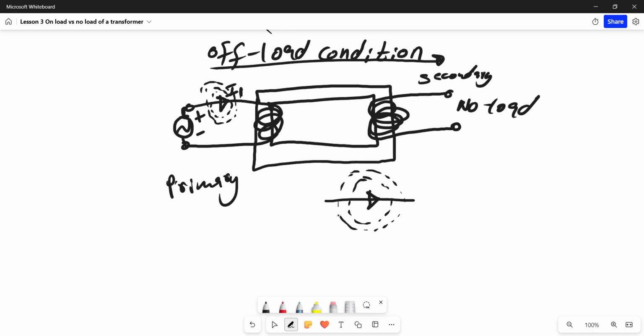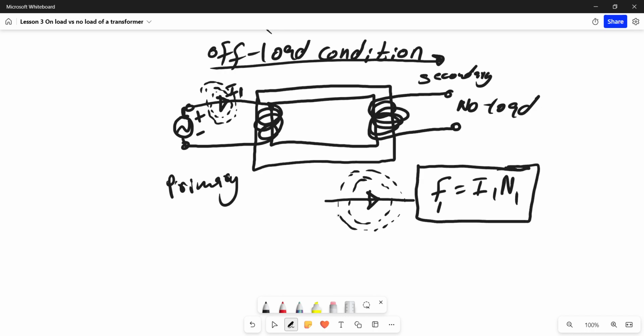This winding has a certain number of turns, and the current will flow through those turns. We know that F1 is equal to I1 times N1. So when the current I1 flows through the number of turns, it causes the existence of a magnetomotive force.